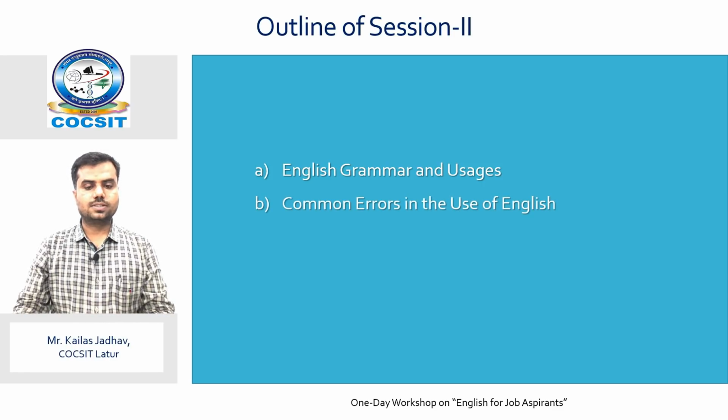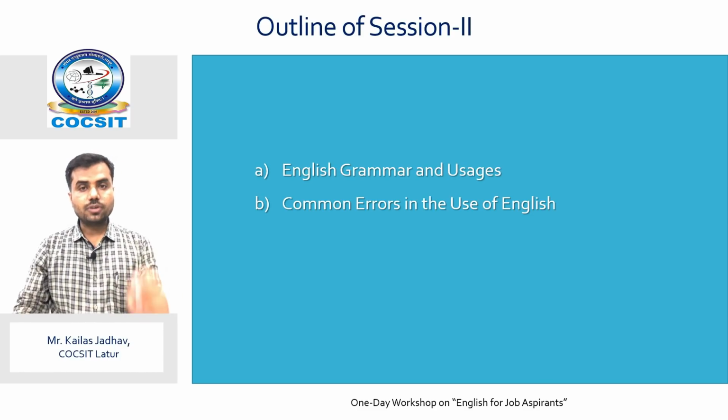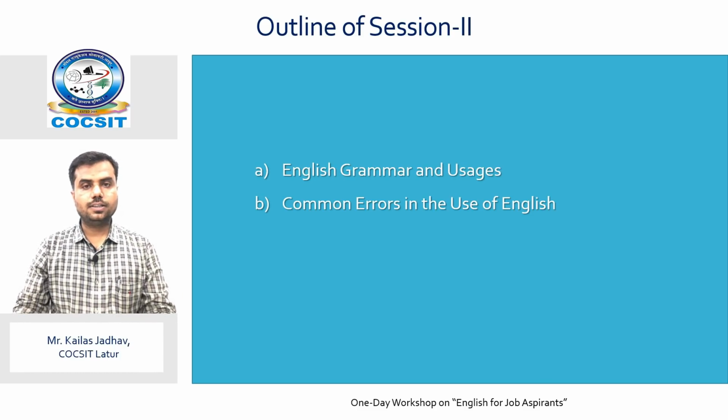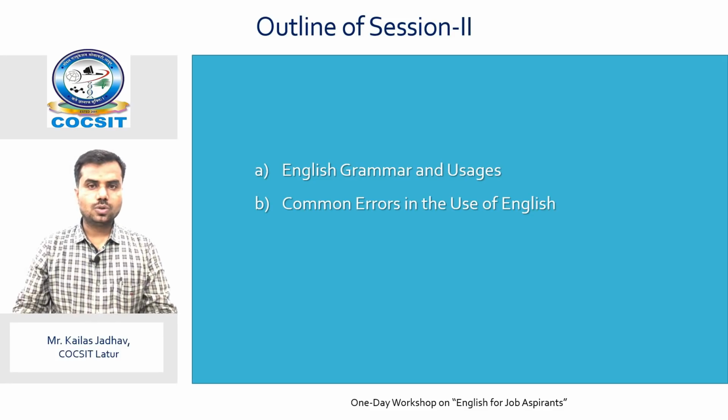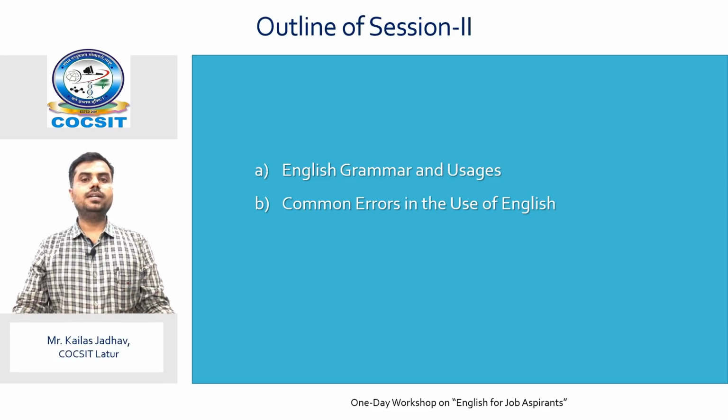Second, one of the important types of questions is common errors in the use of English language. When you speak or write English, you commit certain mistakes, and we commonly commit those mistakes.